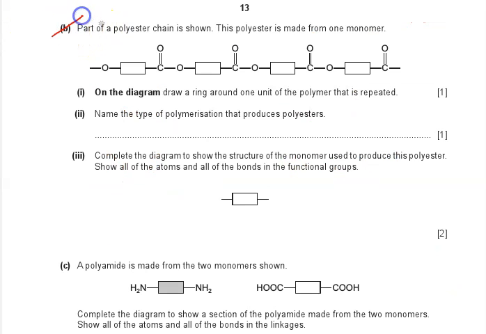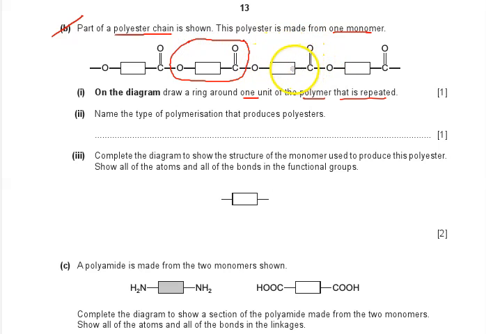A part of a polyester chain is shown. This polyester is made from 1 monomer. On the diagram, draw a ring around 1 unit of the polymer that is repeated. So you can see these are the things that are repeated.